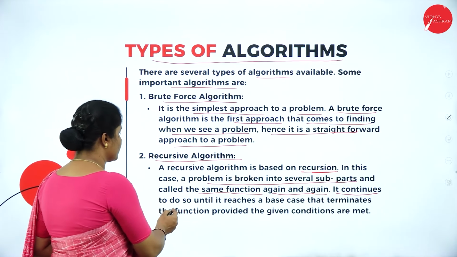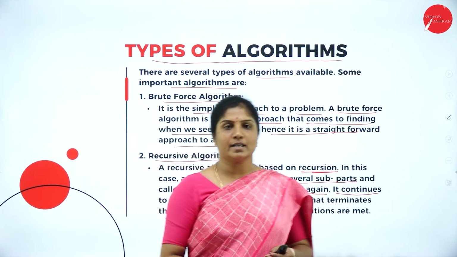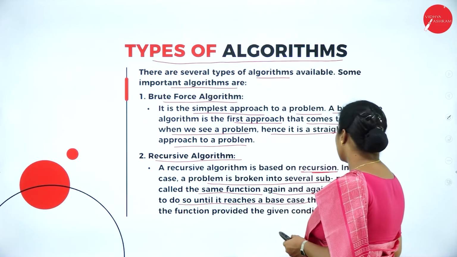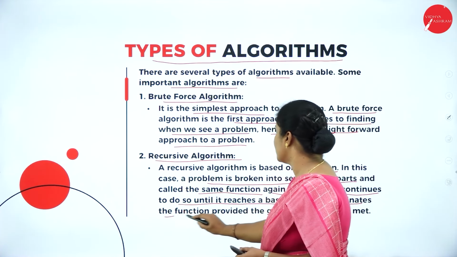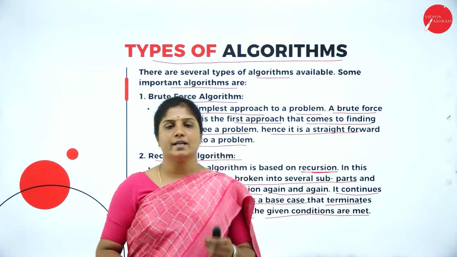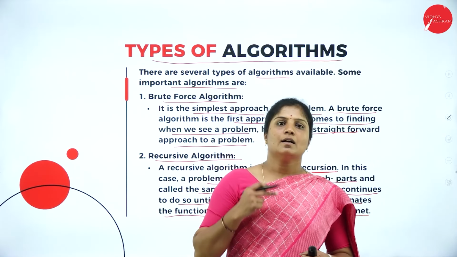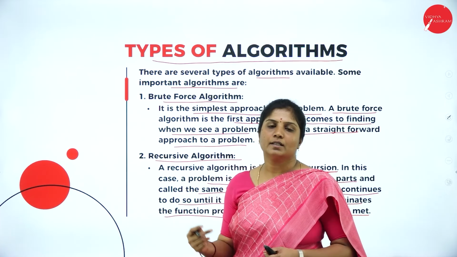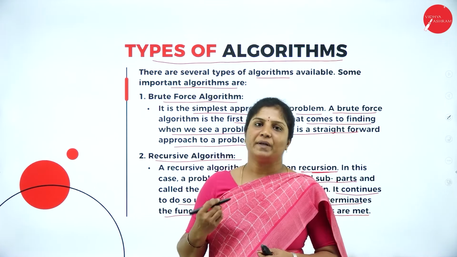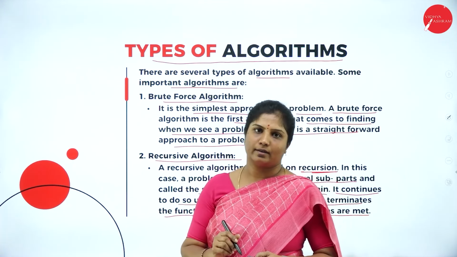Because it continues to do so until it reaches a base case that terminates the function, provided the given conditions are met. Until the condition is met, the function is called repeatedly within a program. Hence we say recursive algorithm.